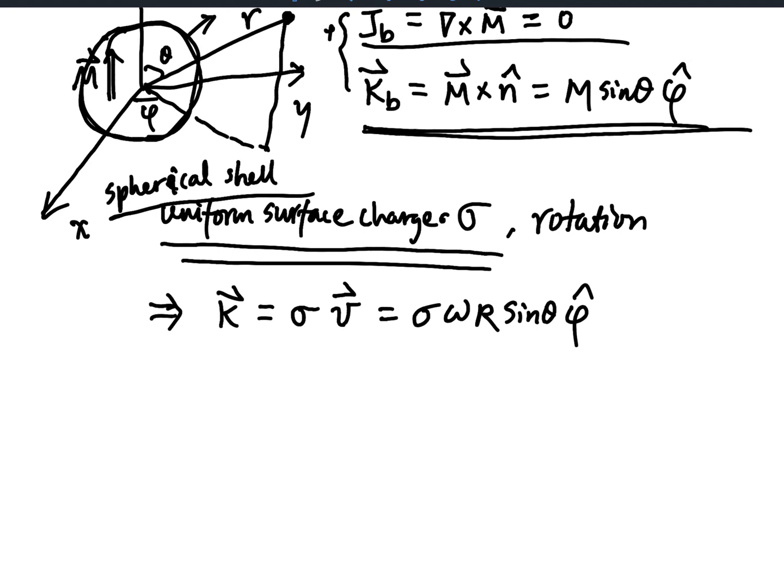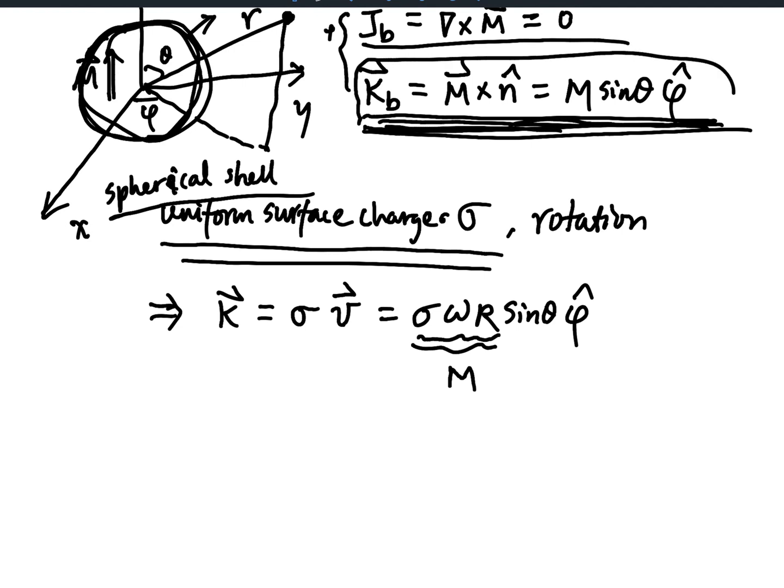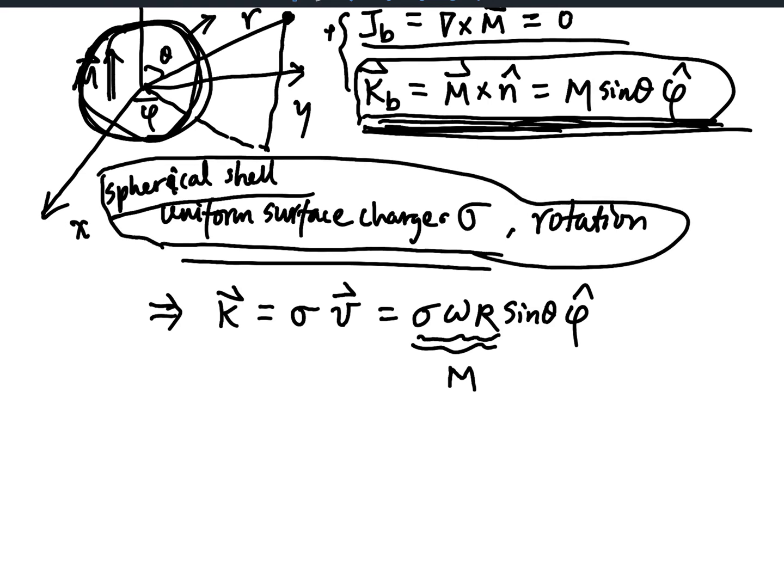So what do you see? If we treat this whole thing as m, then this magnetized object's vector potential is equal to the vector potential caused by this surface current. We said that if we have a spherical shell that is rotating, the surface current will look like this.